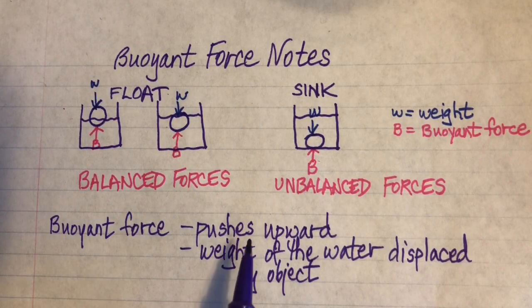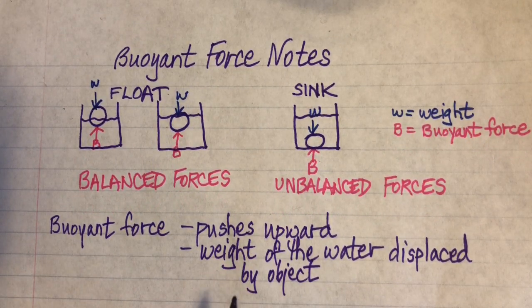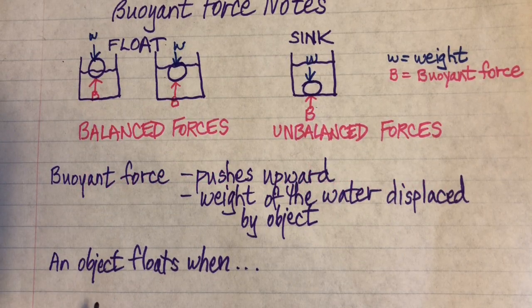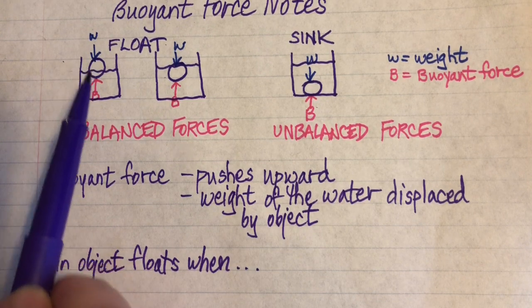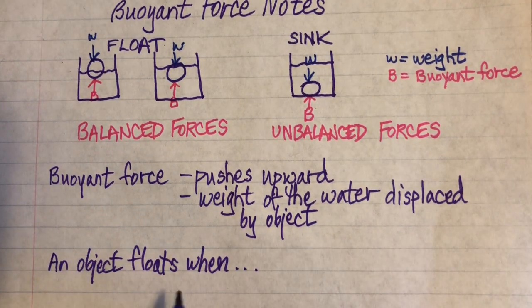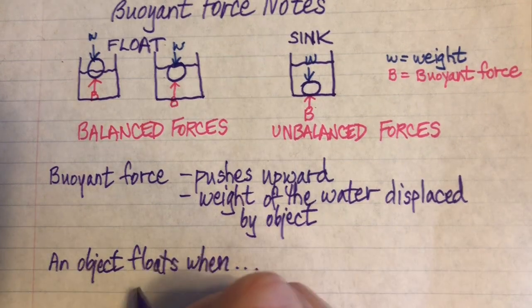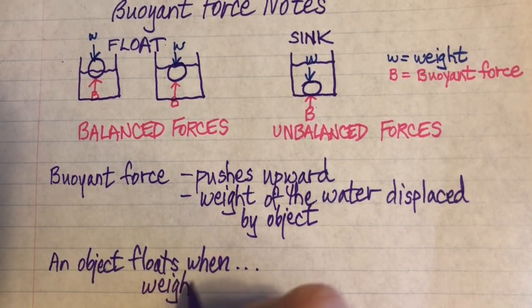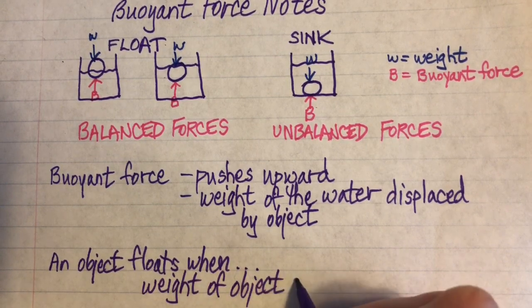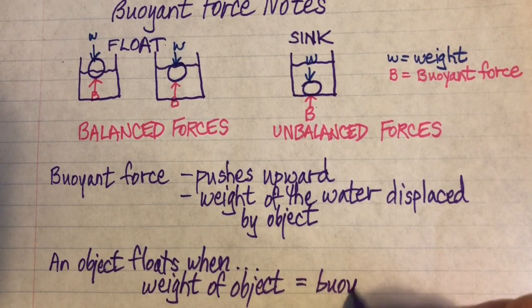The buoyant force pushes upward, and it is the weight of the water displaced by the object. We saw in the demo that an object floats when the weight of the object equals the buoyant force.